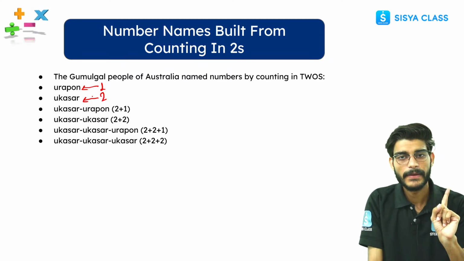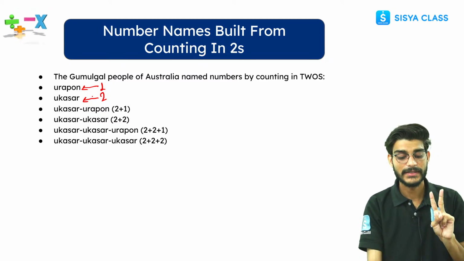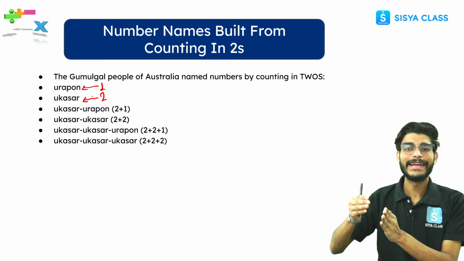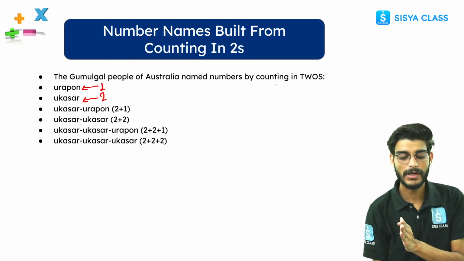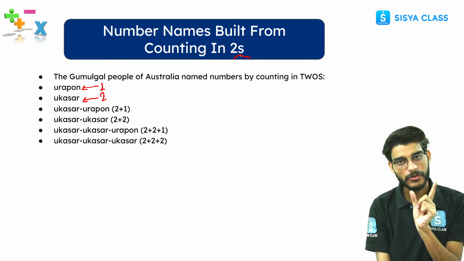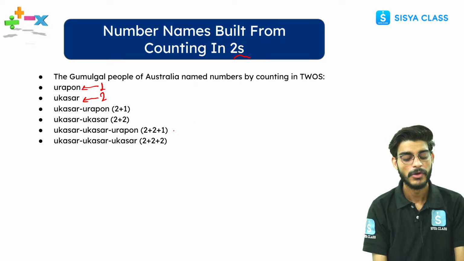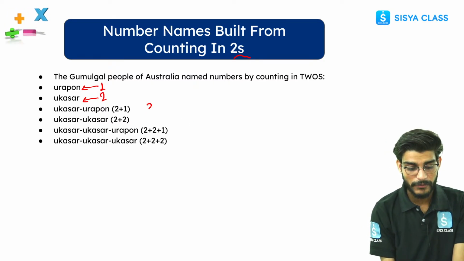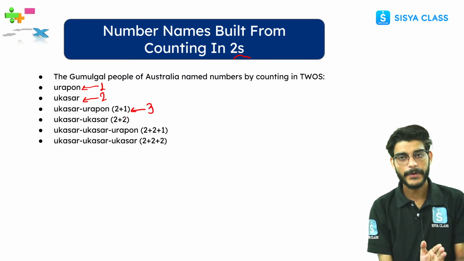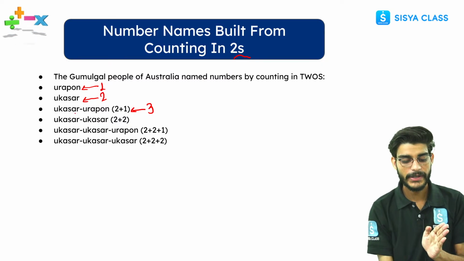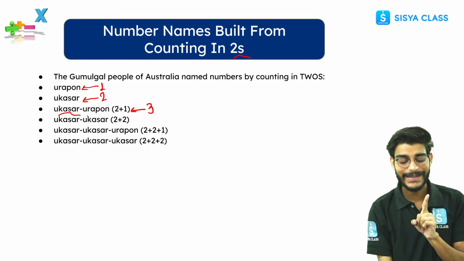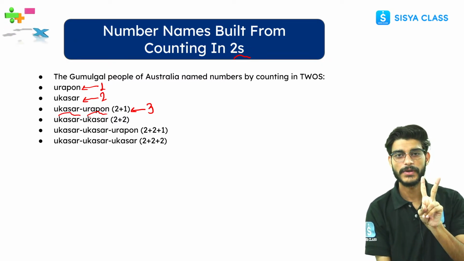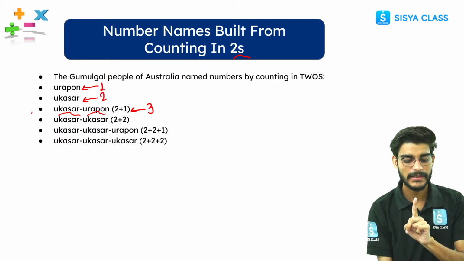For 1 it is Urapon. Then you have to count in twos only. Okay, base you have taken as 2. Now you have to count with the help of 2. For number 3, how will you denote number 3? 2 plus 1. So for 2 it is Ukasar, for 1 it is Urapon. So Ukasar, Urapon.